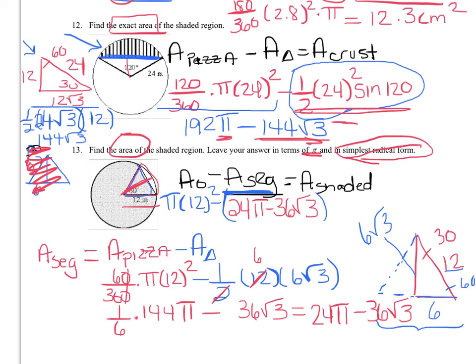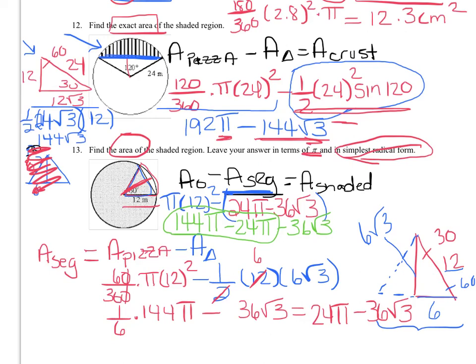So, finally, we do the area of the whole circle minus the area of the segment, to get the area of the shaded part, I'm sorry. So we end up with, I'm going to go to a different color so we can see the difference in the answer, 144 pi minus 24 pi minus 36√3, and we are able to simplify these right here.